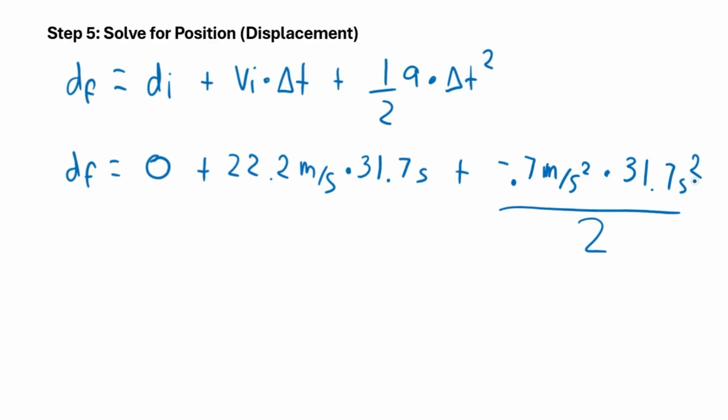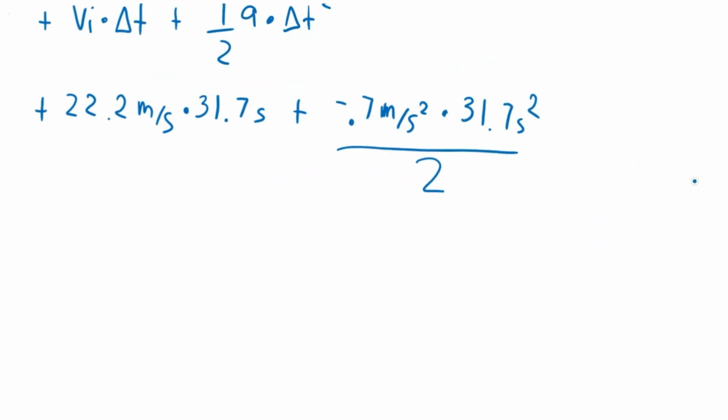All right, so let's start off on the right side. Let's go ahead and square the time. So we go 31.7 times 31.7. That value is going to be 1,004, we'll just say 0.9. And now the seconds is squared. We're going to multiply that by negative 0.7.